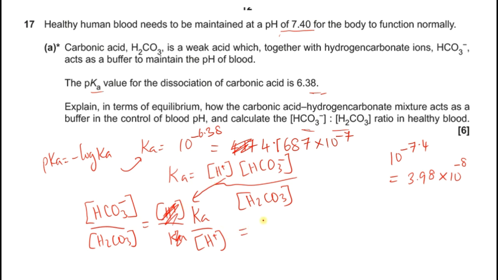The Ka value is over here, 4.1687 times 10 to the power minus 7, divided by the concentration of H plus, which is here, 3.98 times 10 to the power minus 8. It's safe to put the brackets on when you do this in a calculator.